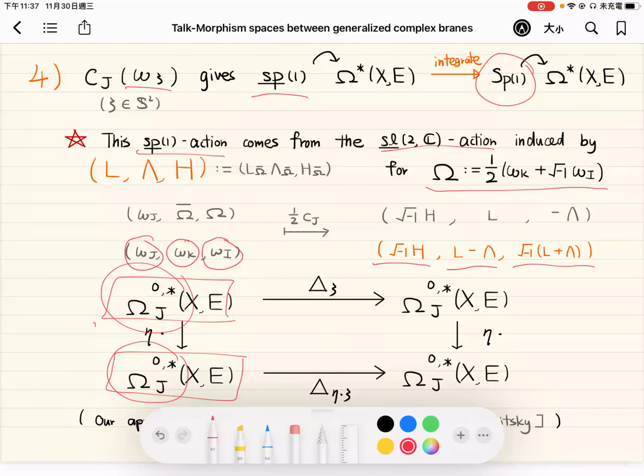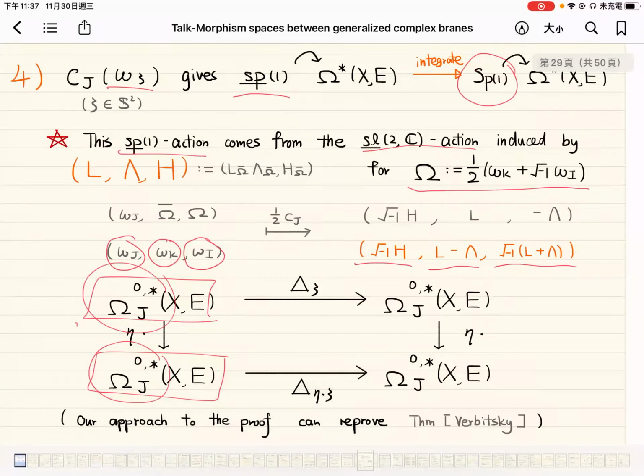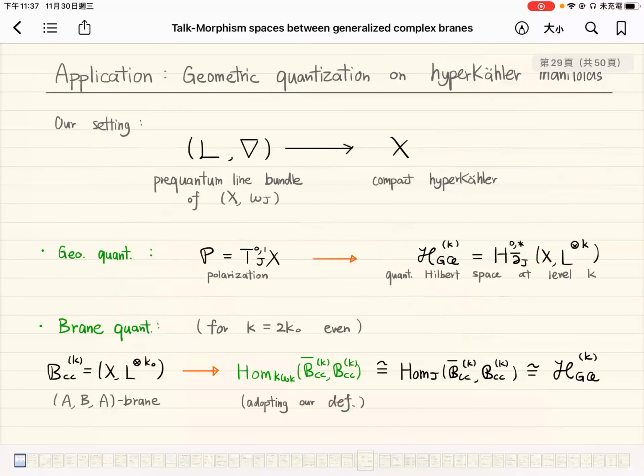Maybe I should also make another comparison with the related work given by Ali. There's another application for our theorem to geometric quantization on the hyperkähler manifold.